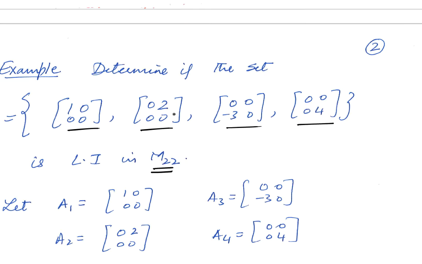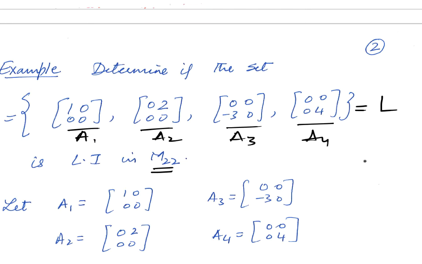Let me find out whether these 4 elements from the vector space M22 are linearly independent. Let this set be L. To make my life simple, I don't want to keep writing these elements every time, so let the first element be A1, then A2, A3, and A4.